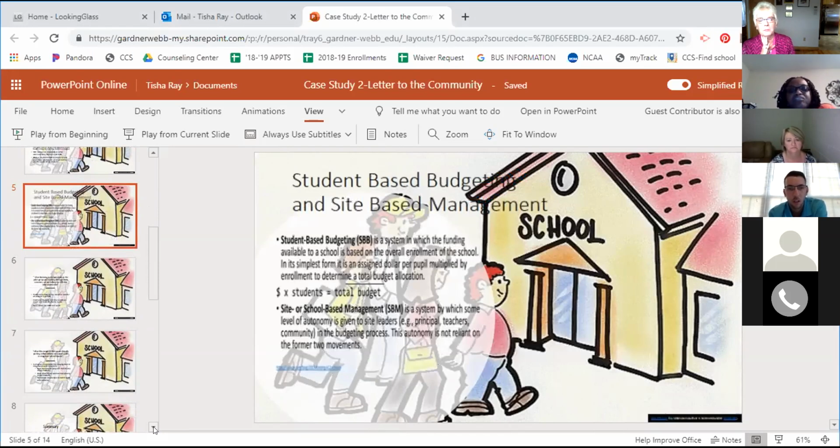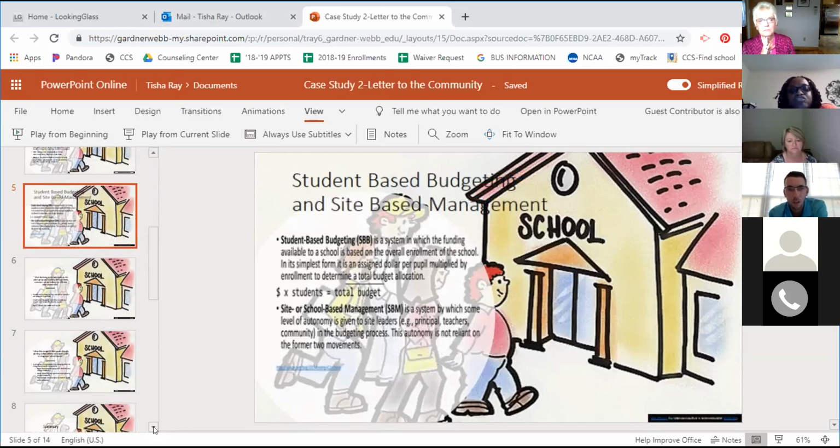Student-based budgeting is a system in which the funding available to the school is based on the overall enrollment of the school. In its simplest form, it is an assigned dollar per pupil multiplied by the enrollment to determine the total budget allocation. So dollar times students equals total budget.